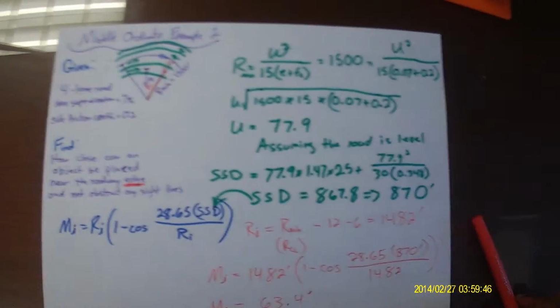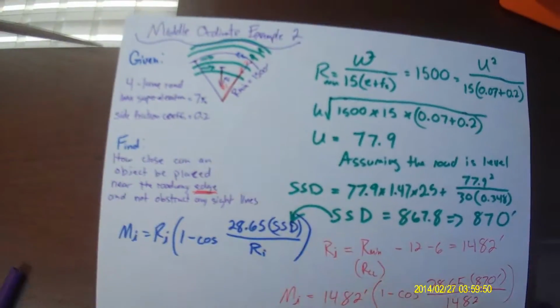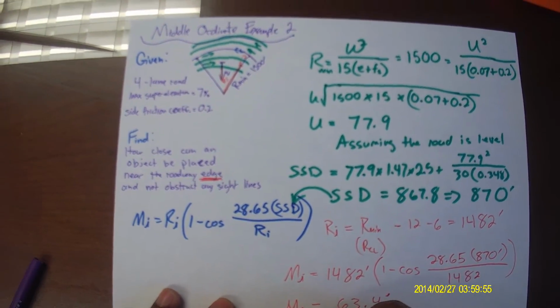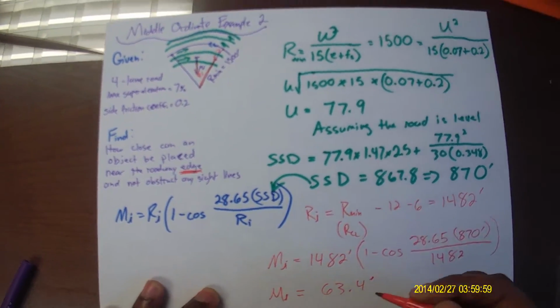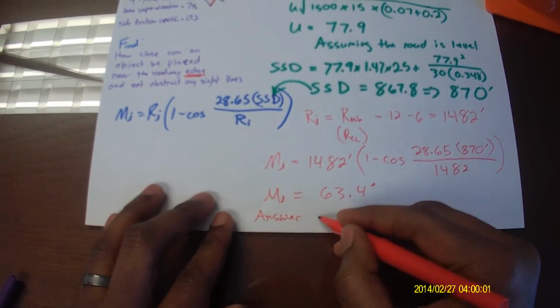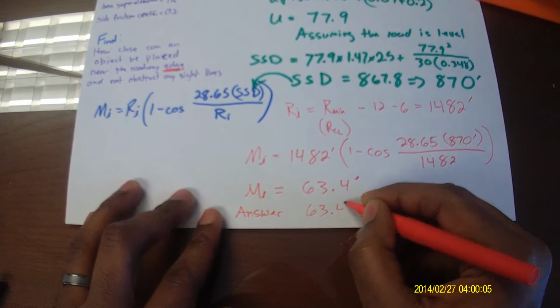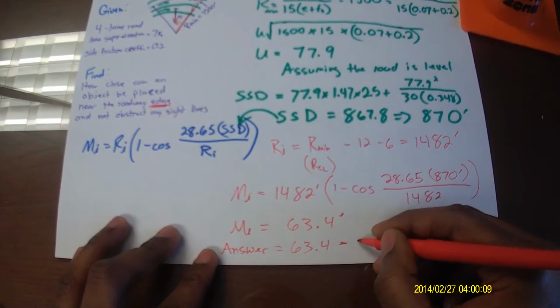And what I'm looking for is how far the distance should be from here. So what that means is I just need to subtract 63.4 minus, what's that, 6 feet.